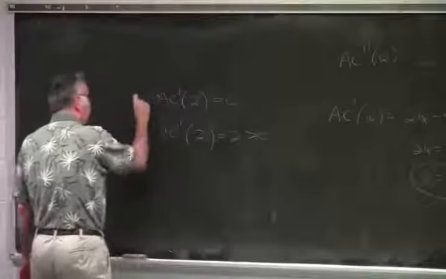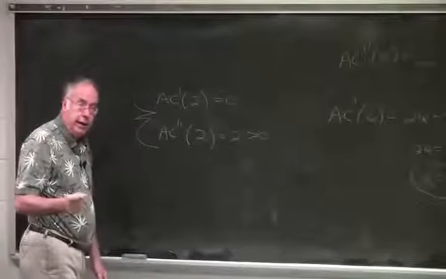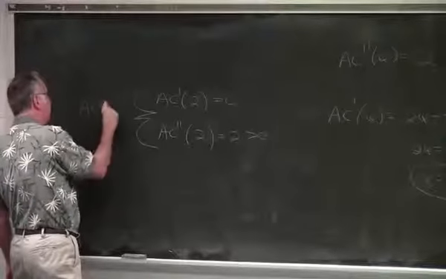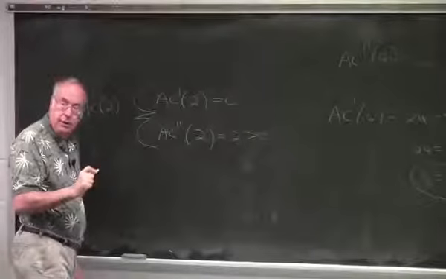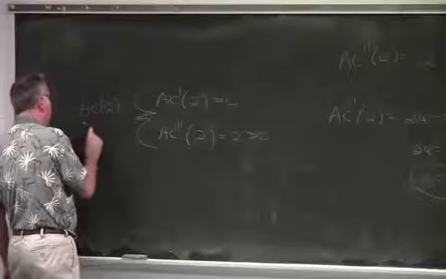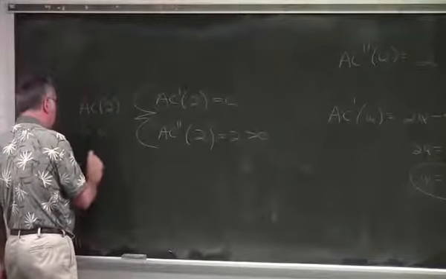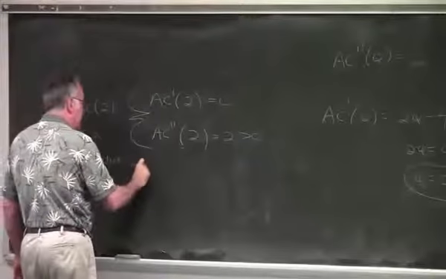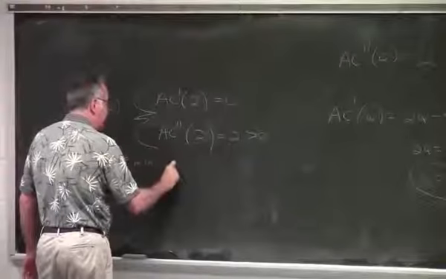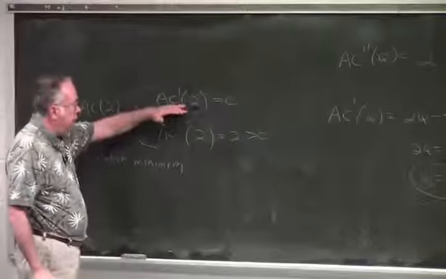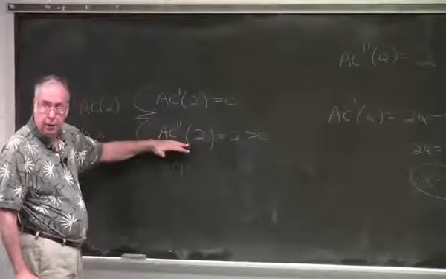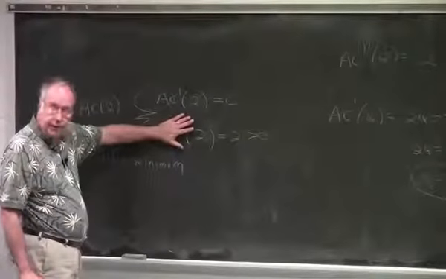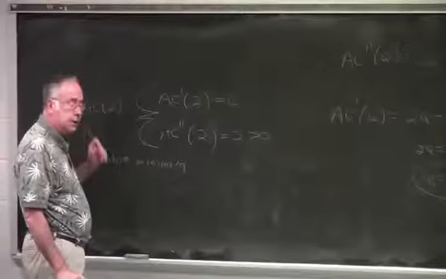These two things combined guarantee that average cost at q equals 2 is a relative minimum. First order condition, second order condition. The second order sufficient condition for a minimum is satisfied, so that guarantees that this is a minimum.